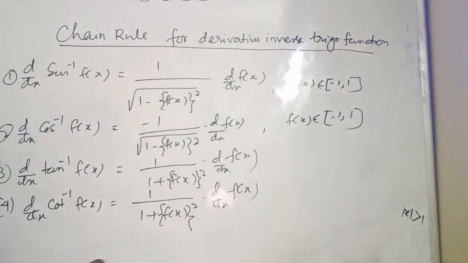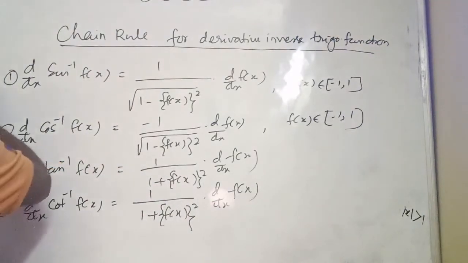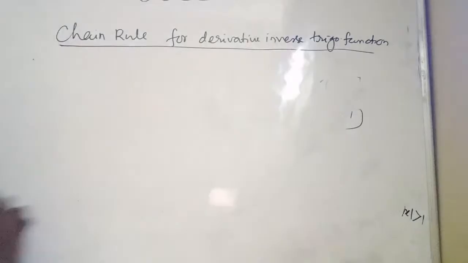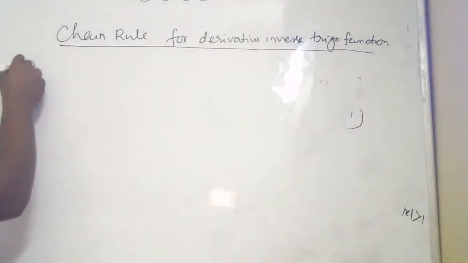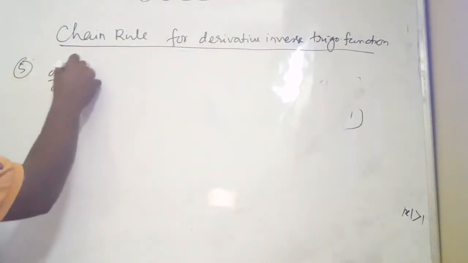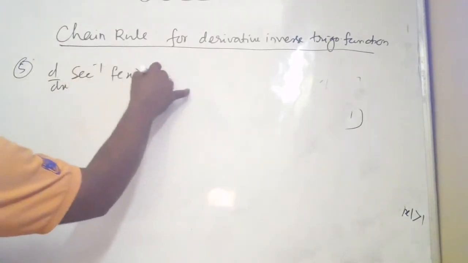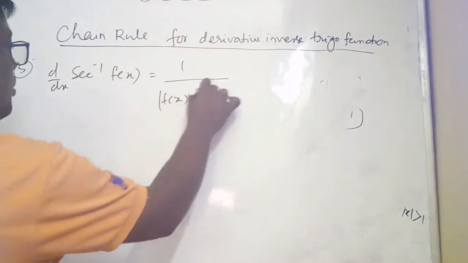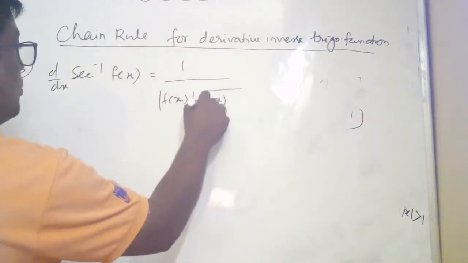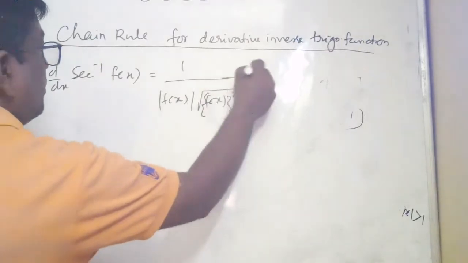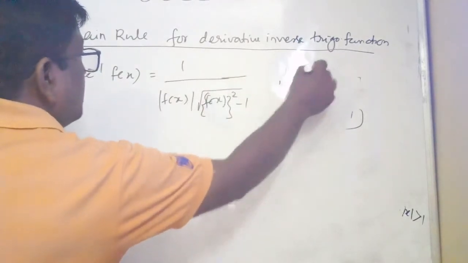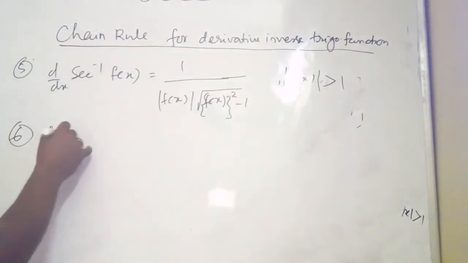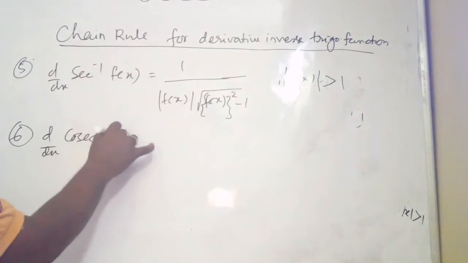Clear? And for number 5, d by dx of sec inverse f of x is equal to 1 by mod f of x into root over f of x whole square minus 1, into d by dx of f of x, and the condition is mod of f of x greater than 1. Similarly, 6, d by dx of cosec inverse f of x.